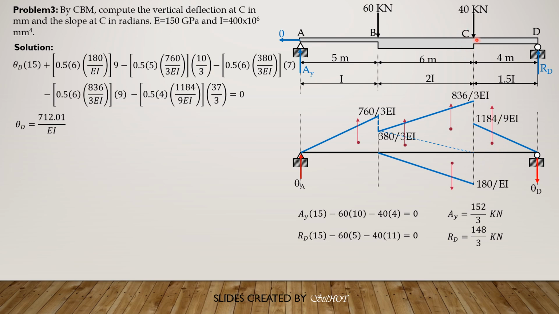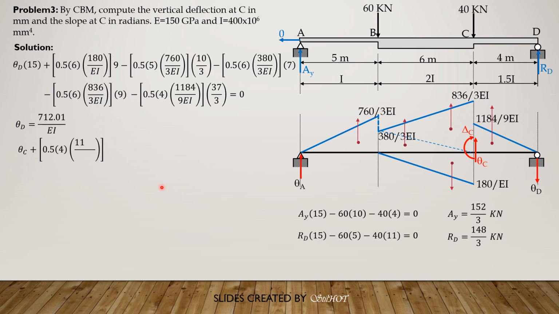Positive is clockwise because it is the left section of section B. So theta C is upward, and because it is left, it should be upward, then clockwise delta C. That's delta C. So to solve for theta C, we simply sum up forces vertical considering CD.